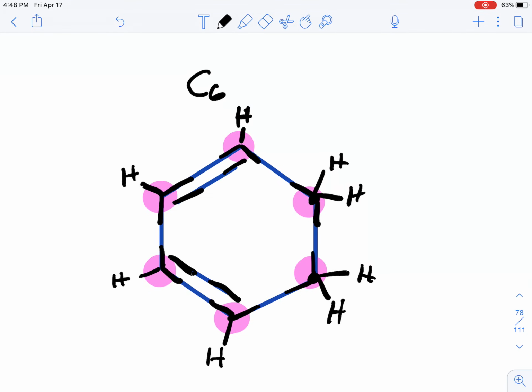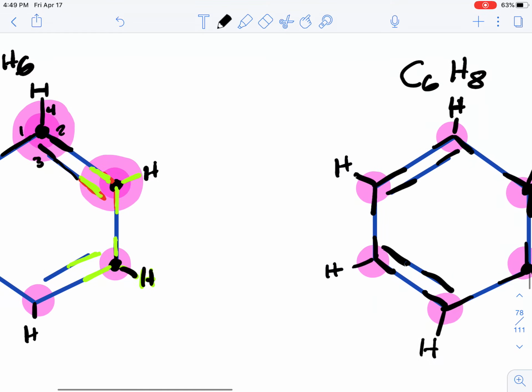So remember the rule is that hydrogens are typically ignored in a skeletal structure. And so counting the number of hydrogens, we have 1, 2, 3, 4 on the left, and then we have another 4 on the right. And so the total number of hydrogens is 8.